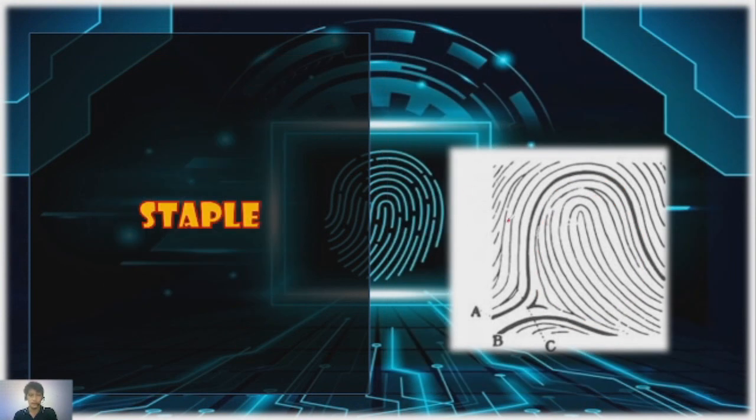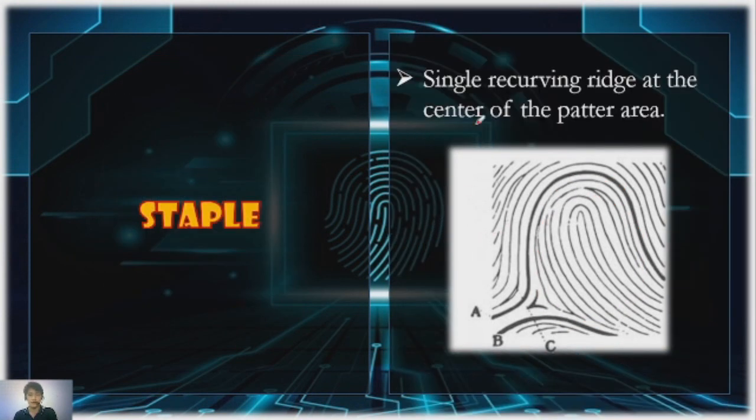And we have here the staple. A staple, as defined here, is a single recurving ridge at the center of the pattern area. Take note, it's a single recurving ridge at the center. Again, these are the type lines, the boundaries, and then we have the pattern area.